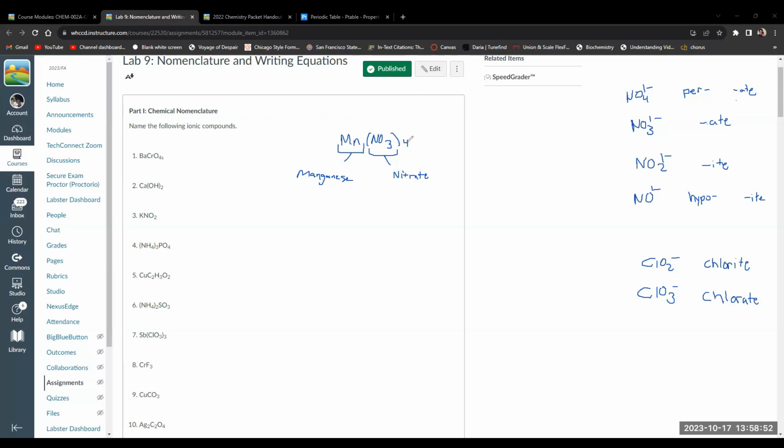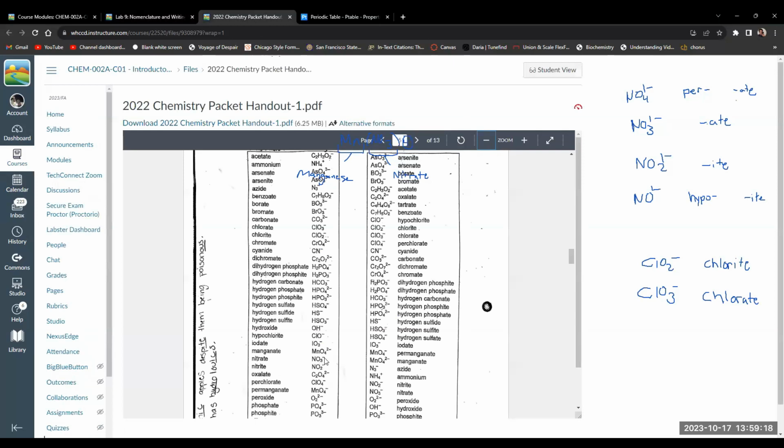However, this 4 here means we have 4 nitrates. So remember, think of this nitrate as one being. We know that the charge of nitrate is -1.